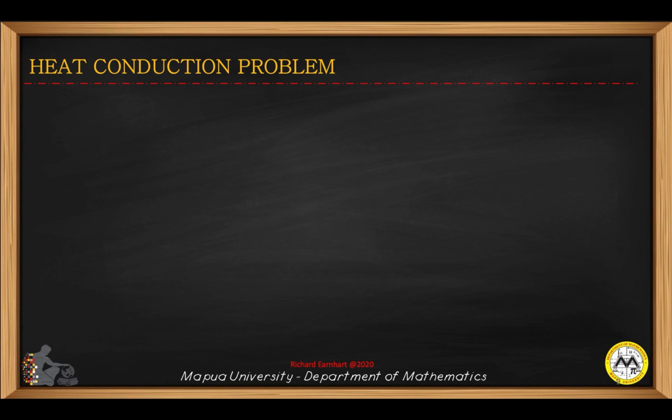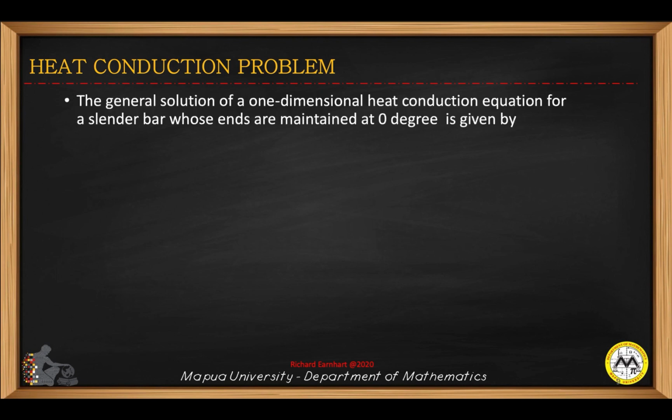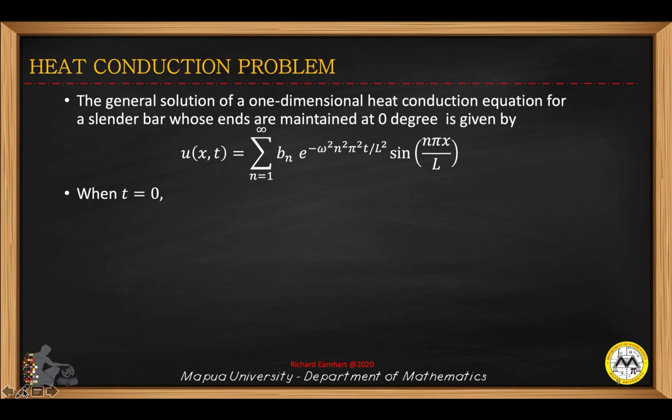Now we go to an example of the application of the Fourier series in a heat conduction problem. The general solution of the one-dimensional heat conduction equation for a slender bar whose ends are maintained at 0 degrees is given as follows. Okay, so when t is equal to 0, that is the initial value problem.